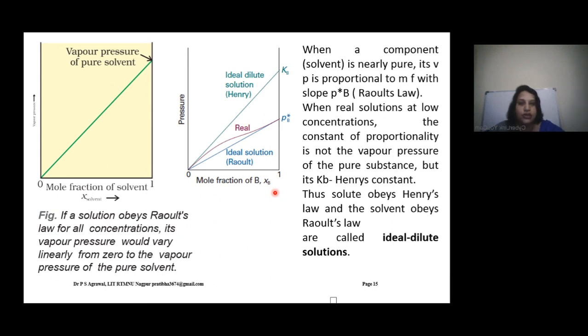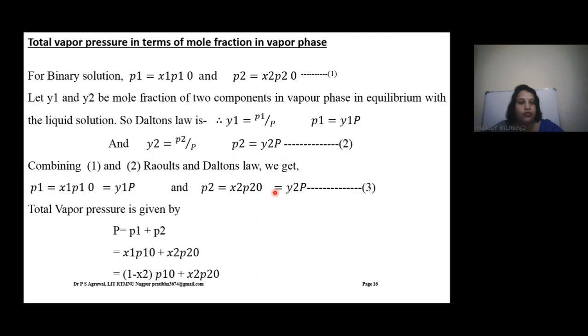Now we will see the expression of total vapor pressure in terms of mole fraction in the vapor phase. For a binary solution, Raoult's law gives the relationship between the total vapor pressure and the liquid phase composition, P related to the mole fraction of the first component and the second component.